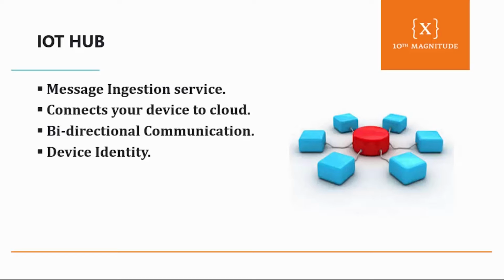So when the device connects, it establishes some kind of security mechanism, so IoT Hub knows this device is coming, and it has the right to send messages and communicate with the cloud. This feature is really important in IoT Hub.